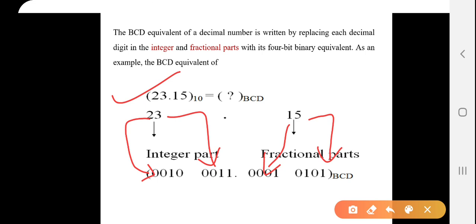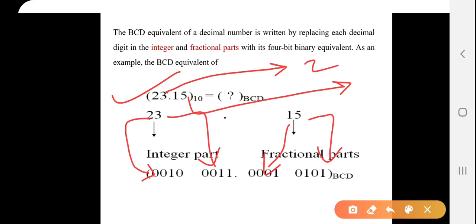If we want to convert this 23.15 into a binary number, the process we have already done in our previous lecture: 23 will be divided by 2 till we get remainder 1, and .15 will be multiplied by 2, and then the number generated will be the binary number.